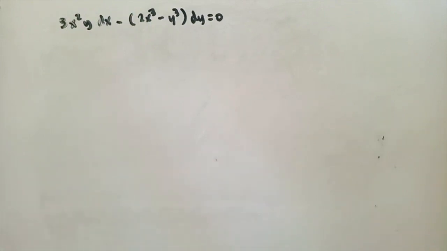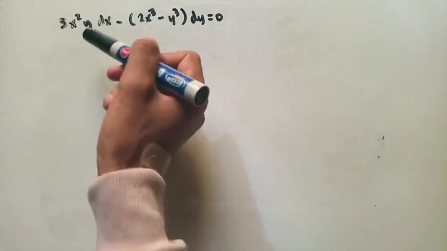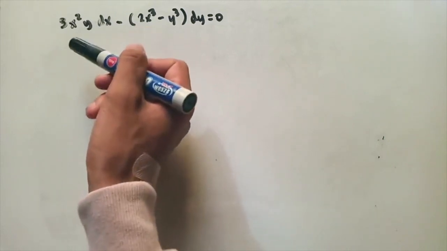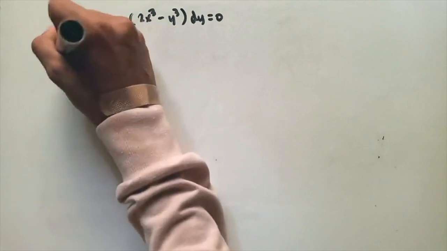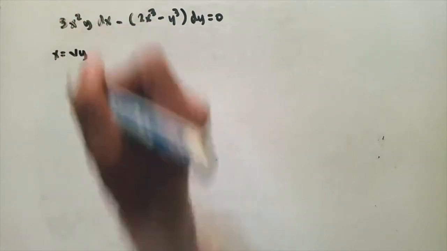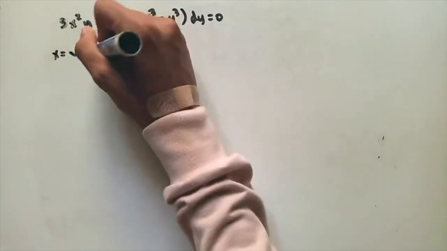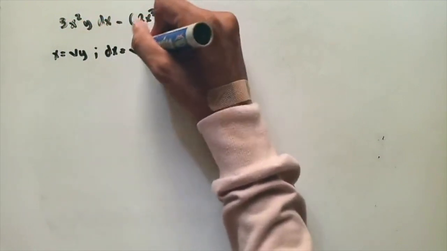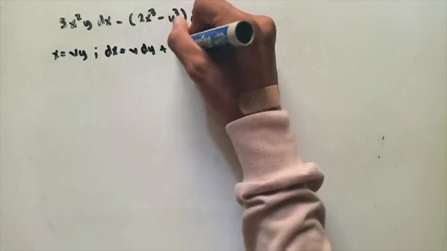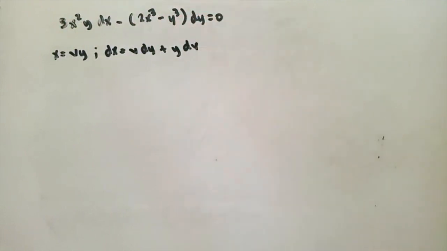Now, since the left side looks simple, I will set x equal to vy. Then dx will become v dy plus y dv.